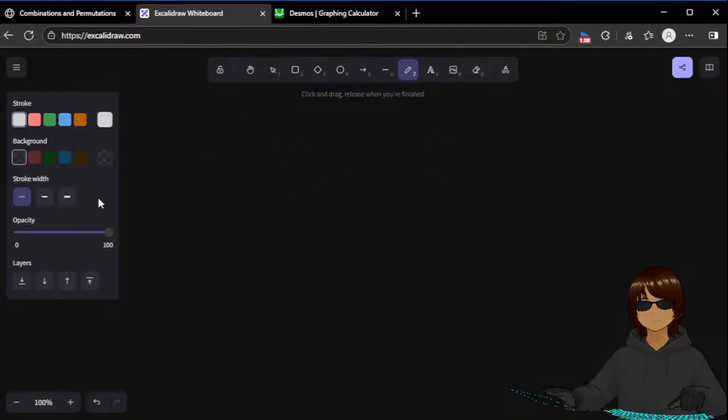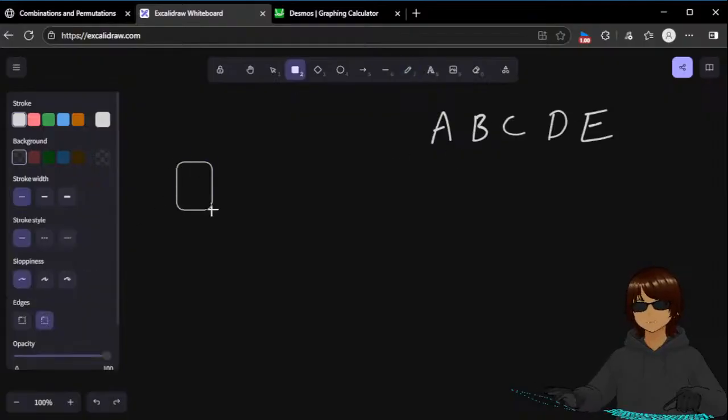Let's say you have 5 objects: A, B, C, D, and E. You need to fit them into 5 boxes.